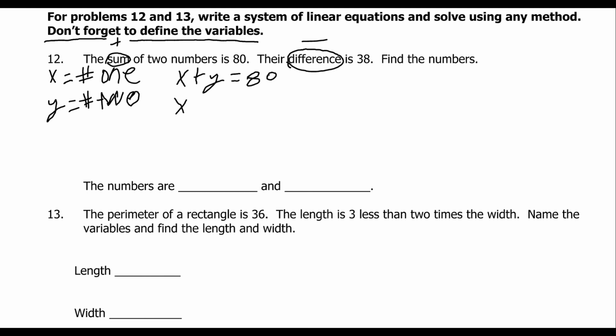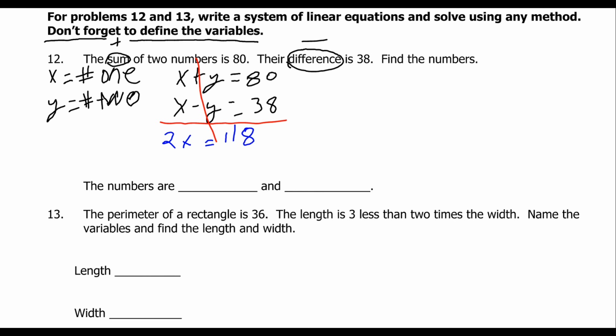So I go x minus y equals 38. Now, when I look at this problem, I go, what sounds good? I think elimination, okay? When I see that plus y and that minus y, that just screams, I want to go away. Okay? So, we got 2x equals 118.